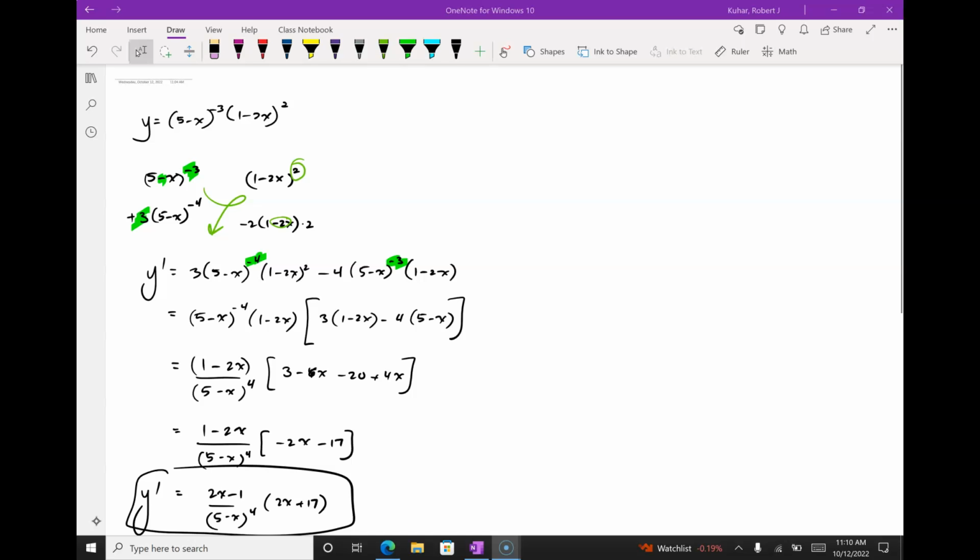There, right? Same answer? This last step is a little tricky. I factored out a negative, right? And then distributed into here.